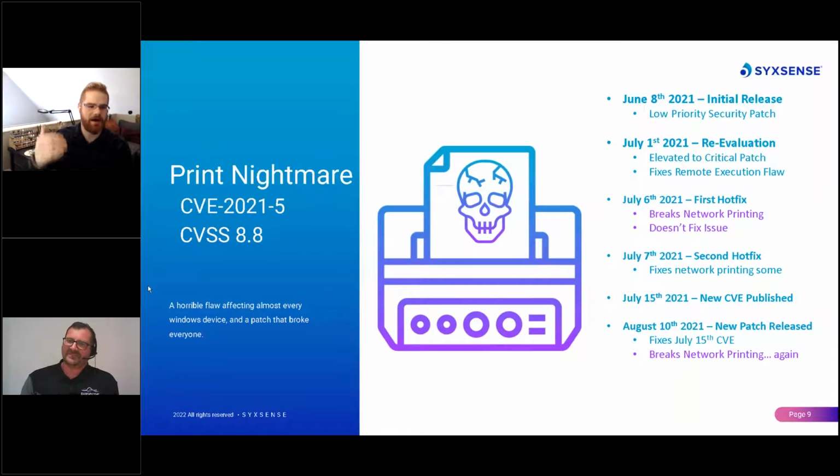And then this August 10th printing patch broke printing again, forcing organizations to scramble to perform driver update patching. It was probably one of the worst printing fiascos, not even just printing, worst patching fiascos in the history of IT. And that is the saga.